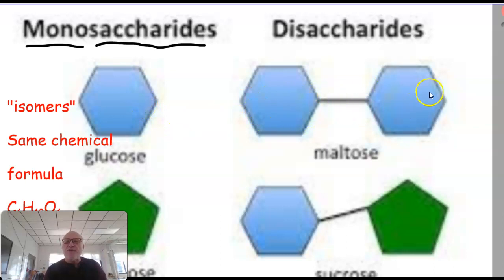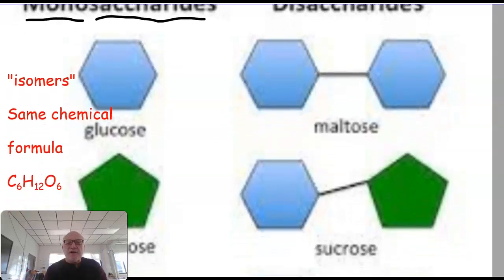If two glucoses are connected together, they create a disaccharide called maltose, all right? And if you connect glucose to fructose, you get something called sucrose, and this is typically what we have in table sugar, all right? So what we've been working with in class has been sucrose, all right?